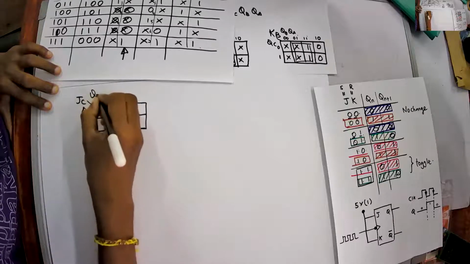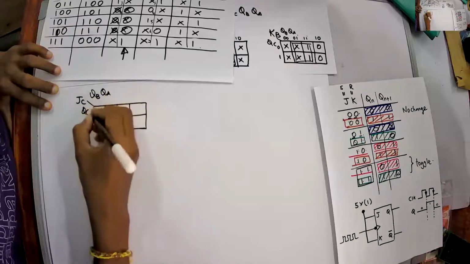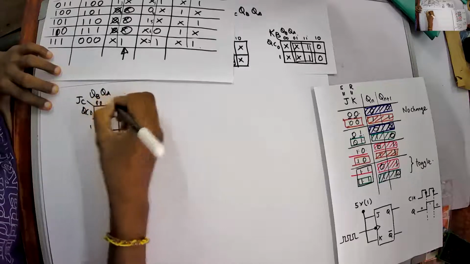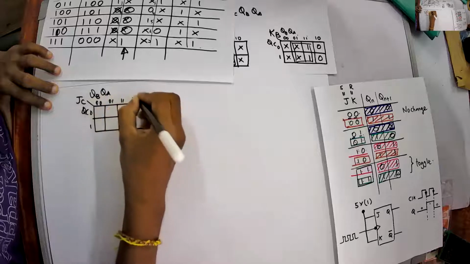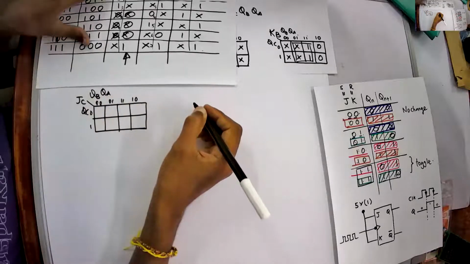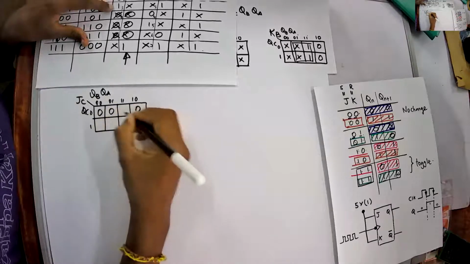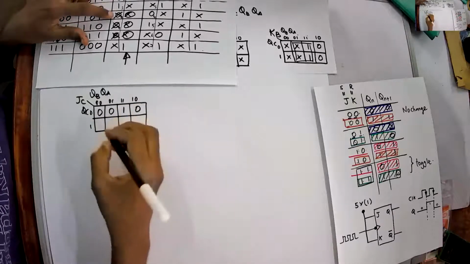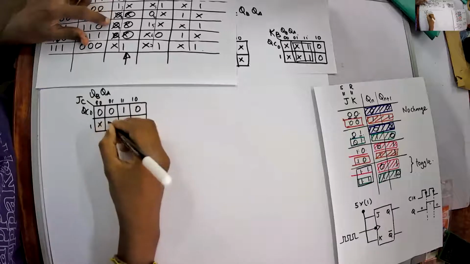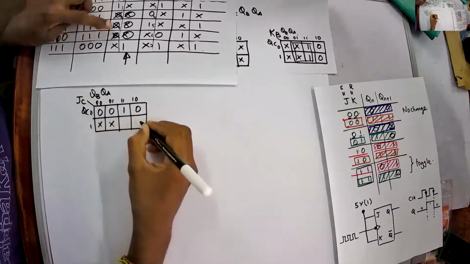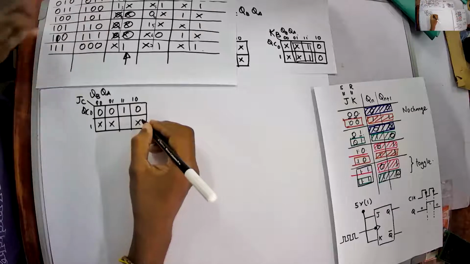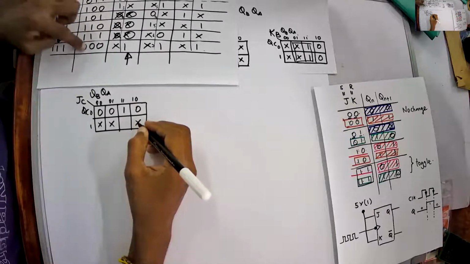QC, QB, QA: 0, 1, 0, 0, 0, 1, 1, 1, 1, 0. See here, it is 0, 0, 0, 1, clear. And then 4 is don't care.